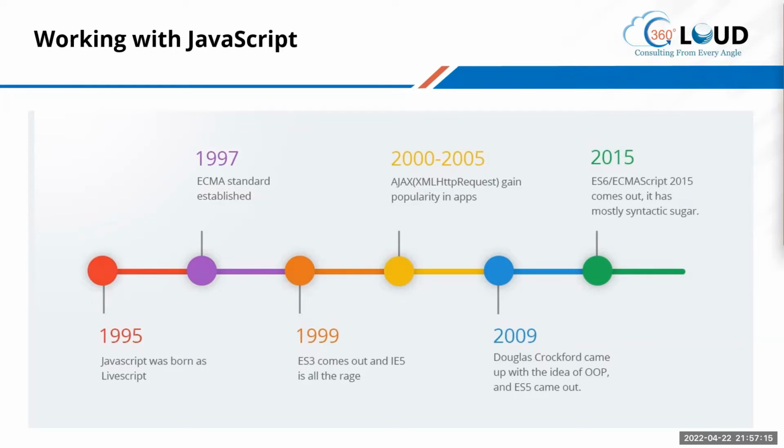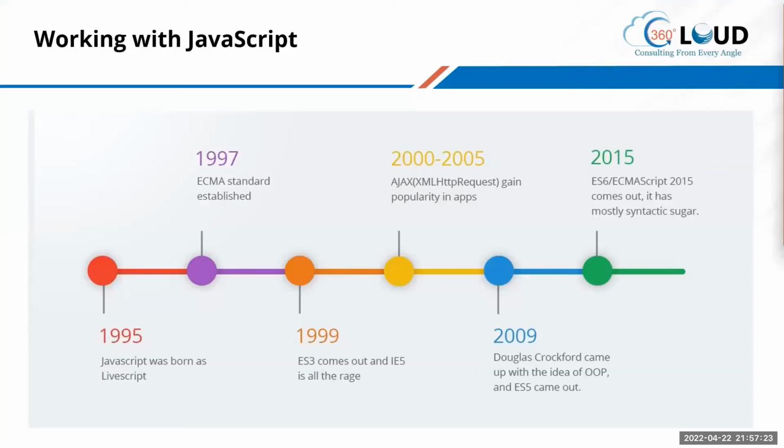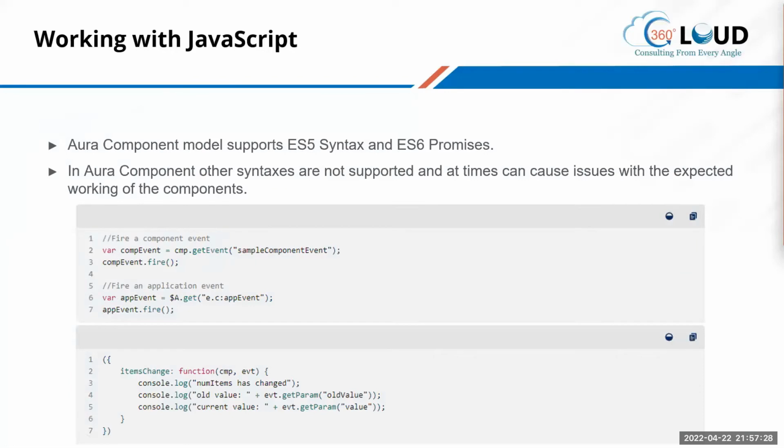Salesforce Aura also supports ES6 standards. Salesforce supports both ES5 syntax and ES6 promises, which were introduced in ES6. But if you want the latest standards, then you have to go with LWC.